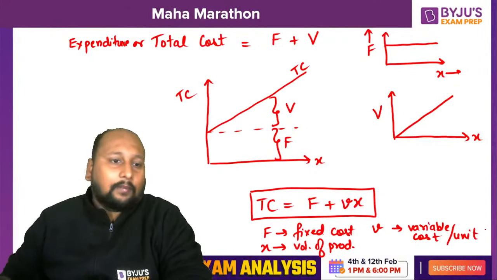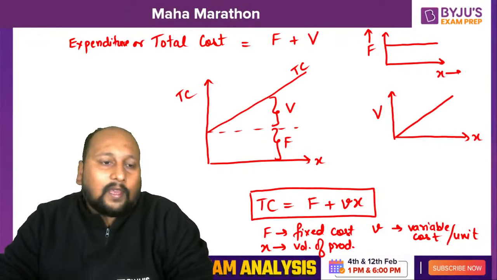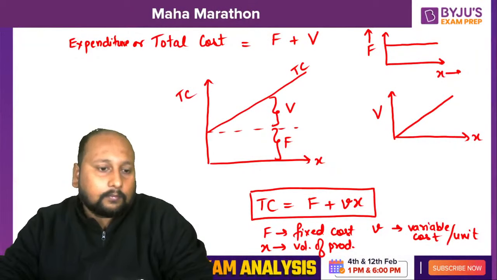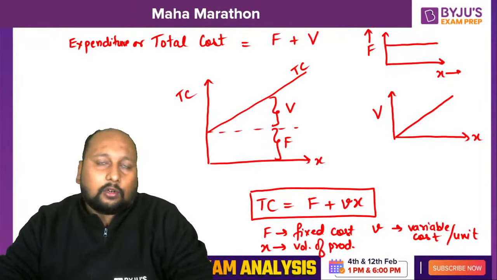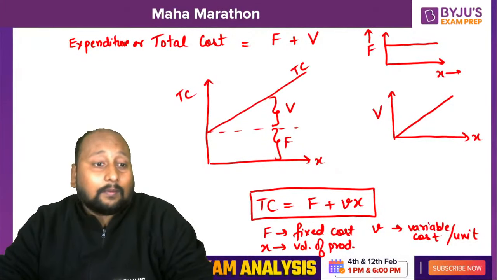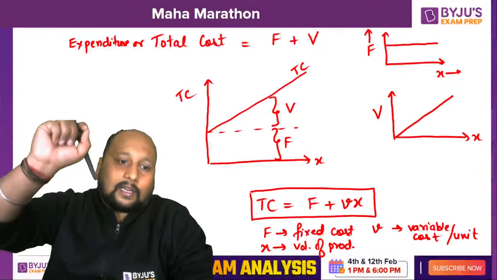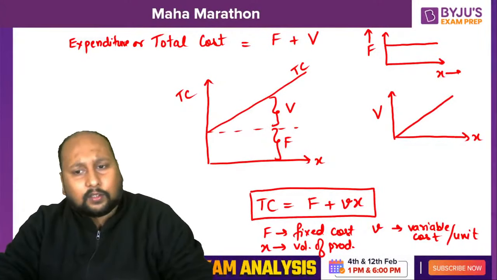Can you tell me, if you have zero volume production, do we have any total cost magnitude? It will simply be the fixed cost. When x equals 0, total cost is directly equal to F. That means even with zero volume production, we still need to pay some value, that is the fixed cost, or initial cost.